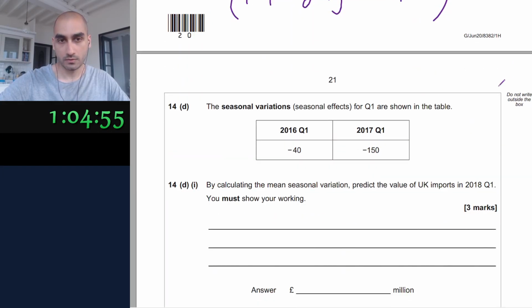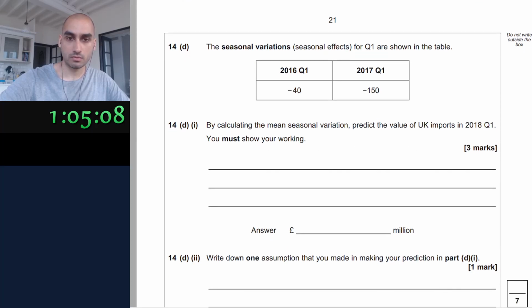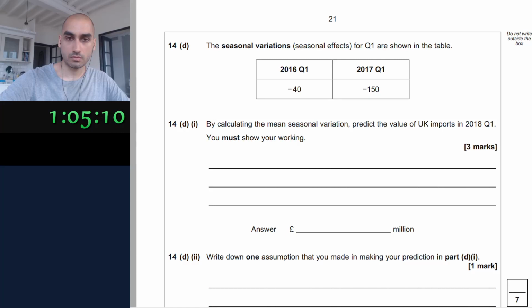All right. The seasonal variations for Q1 are shown in the table. 2016 Q1 minus 40, 2017 Q1 minus 150.